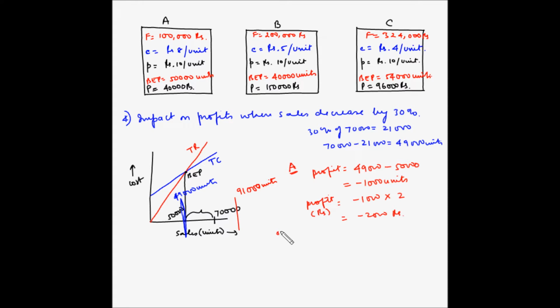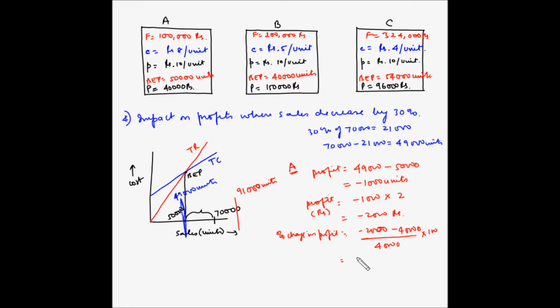So now we have to find the percentage change in profit, which is equal to the new profit, which is minus 2000 rupees, minus the old profit, which is 40,000, divided by the old profit, which is 40,000 rupees, multiplied by 100.